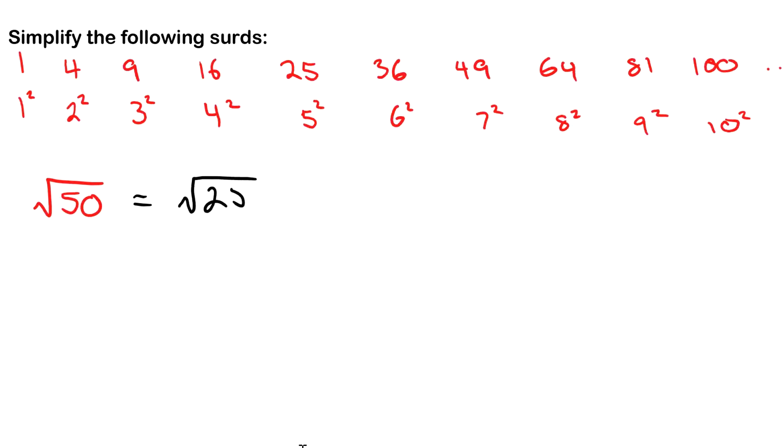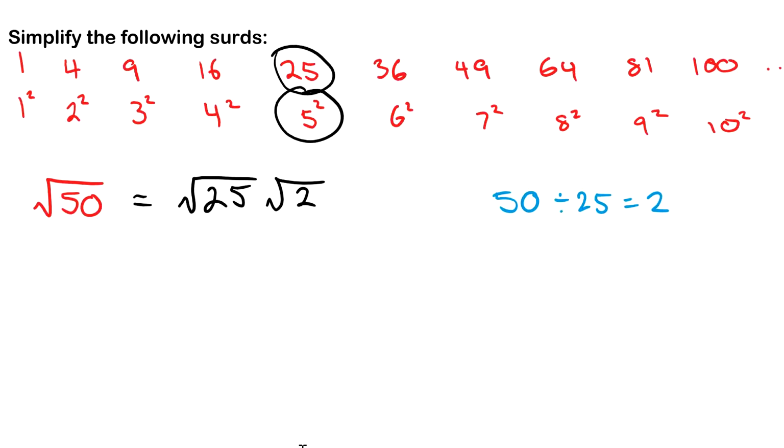I always like to write the square number first, and then I say, 50 divided by 25 is 2, so I know my second root is root 2. Now, remember, up here, 25 turns into 5, so our root 25 is now 5, and we still are left with our root 2. So that there, we've just simplified it down.